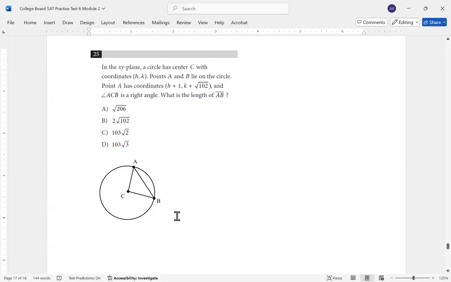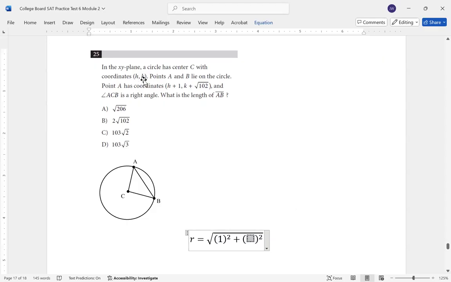So let's first start by finding the radius. The radius is going to be the distance from A to C. Really doesn't matter what the h and k is. The radius is going to be the square root of the change in x squared plus the change in y squared. And since we can see that the x value changes from h to h plus 1, the x value changes by 1 unit.